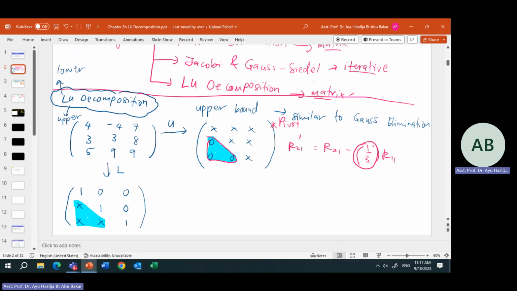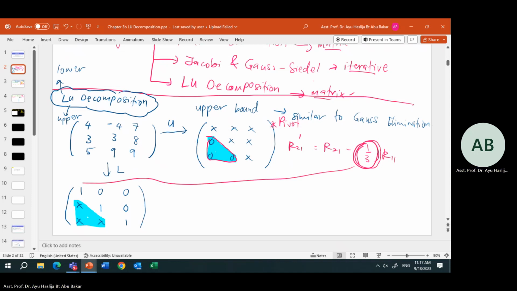Let's say this is your factor. So for the L matrix, this factor is the one that you will put in here. This value is the value of your factor, the one that zeros the bottom triangle. Later on you will have 3 factors.